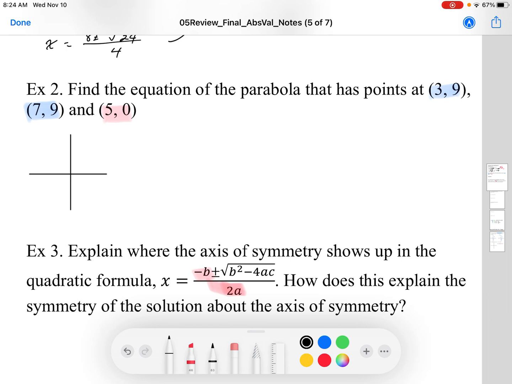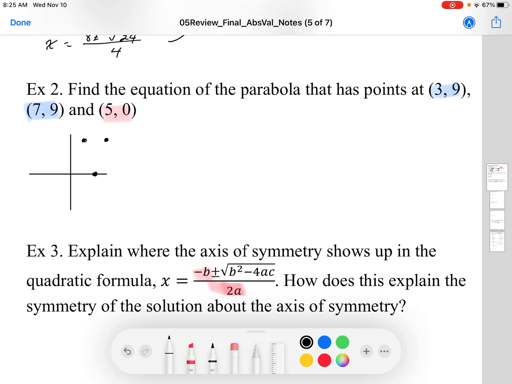I have a y-intercept at 5. I've got a coordinate at (3, 9). Oh, sorry, that's not a y-intercept, that's a zero, so at (5, 0). Okay, at (3, 9), maybe somewhere around here, and (7, 9), somewhere around here.